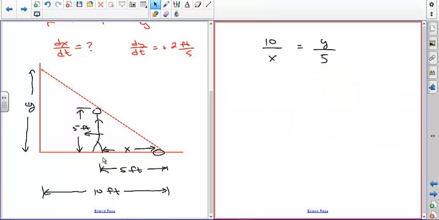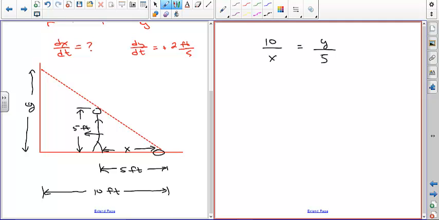What I did is I compared this side on this big triangle to this side on the smaller triangle, and then I compared the long side, the shorter side on the big triangle, to the shorter side on the other one.